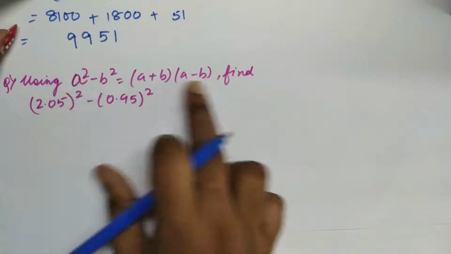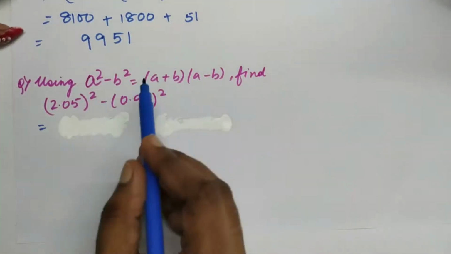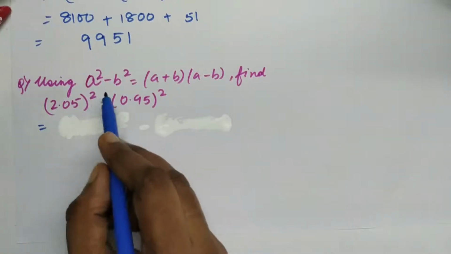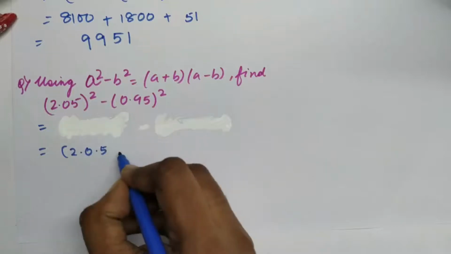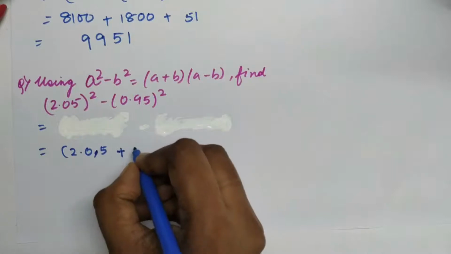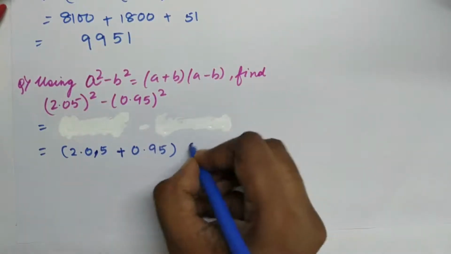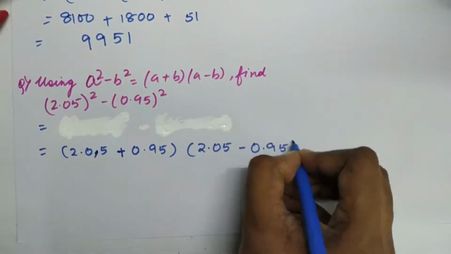Next question is, using this identity we have to find this value. Okay, now to solve this question, we are going to use this as a square and this as b square. So if I expand, it is going to be 2.05 plus 0.95 and 2.05 minus 0.95.